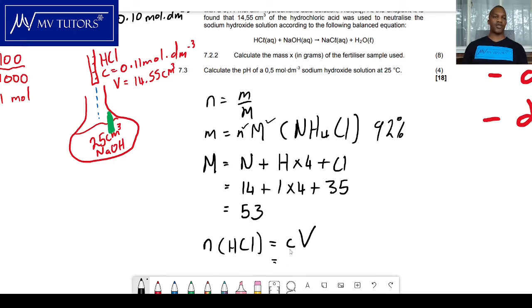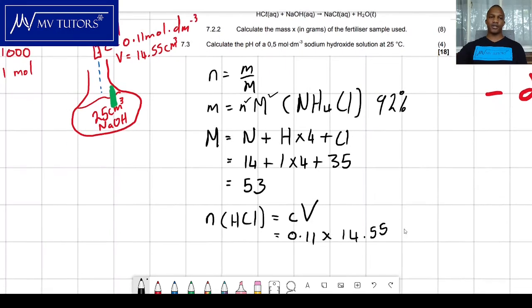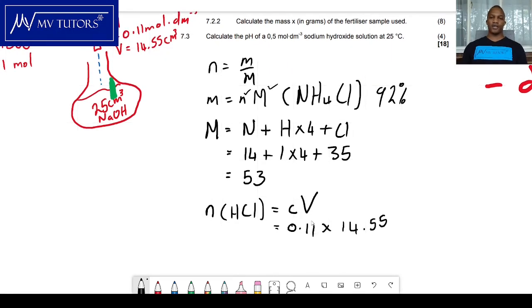So the concentration will be 0.11, because you can see it over there, times a volume of 14.55, and this volume is given in centimeter cube. So in order to convert it, we need to divide by 1,000.